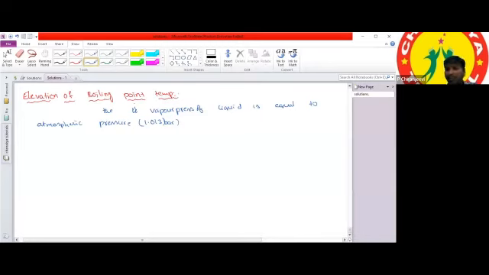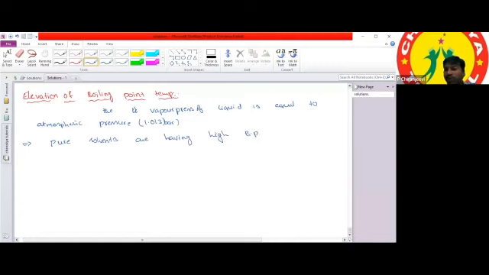Every liquid has a particular boiling point temperature. All the liquids are having a particular boiling point temperature. If you compare with the pure solvents, pure solvents are having high boiling point temperature.